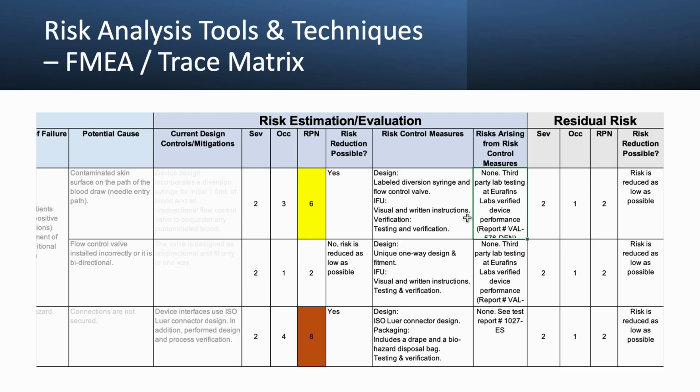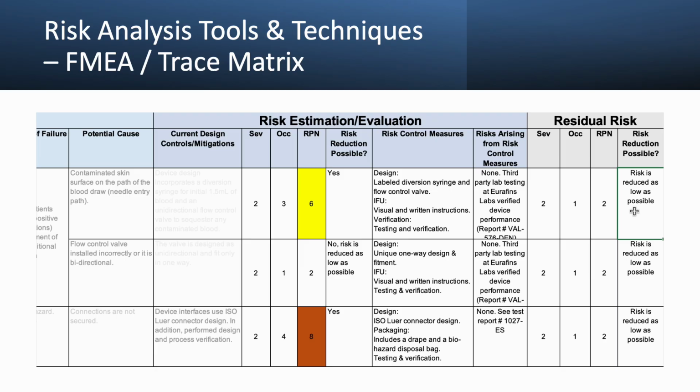After you confirm and verify that the new controls are reducing the risk, then you can do a residual risk assessment here. Did the occurrence go down? From here, it looks like it did. Did it go down? Yes. At the very end, we're putting a conclusion that says the risk is reduced as low as possible.